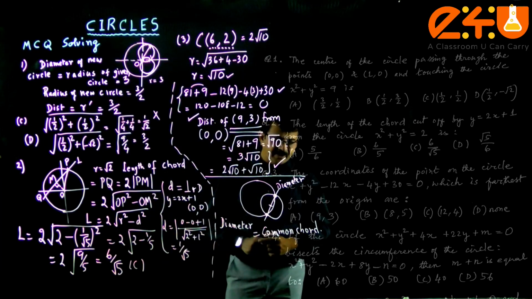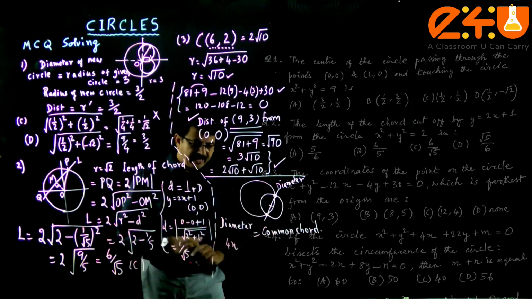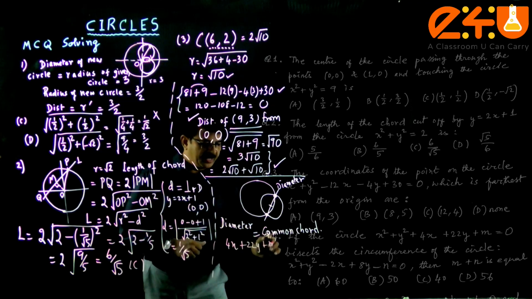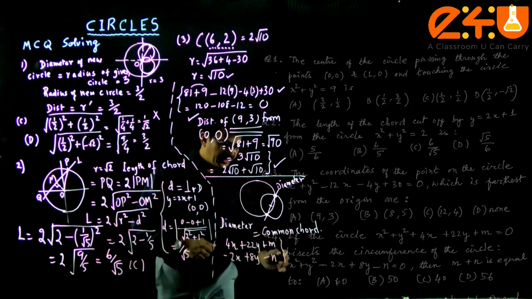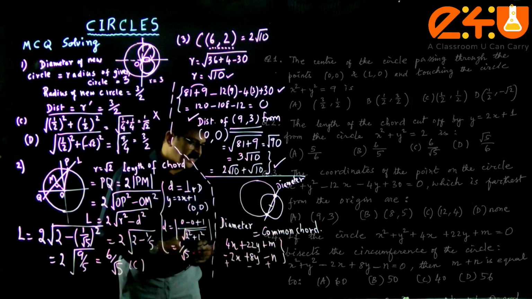Fine. Let me subtract directly. I am cancelling off x squared plus y squared already. In mind, what is left over? 4x plus 22y plus m. From the second circle, there is negative 2x plus 8y minus n. As you subtract, go for change of sign, change of sign, change of sign.